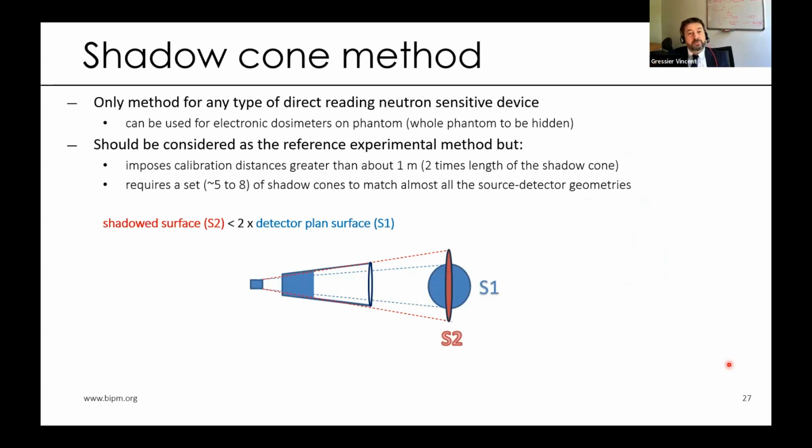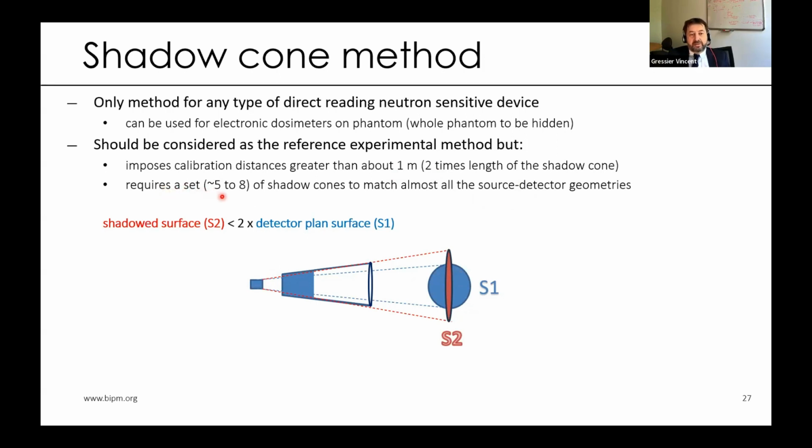It can also be used for electronic dosimeters placed on the phantom. Then you just hide the whole phantom, and the whole phantom is considered as the instrument. So it could be considered as a reference experimental method, but it imposes calibration distances greater than about 1 meter, because you need 2 times the length of the shadow cone between the source and the detector.